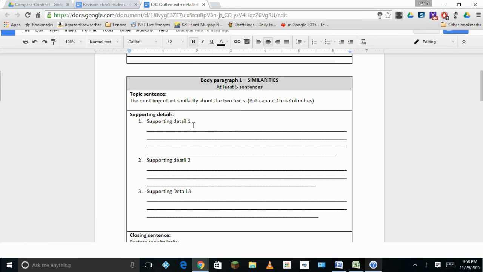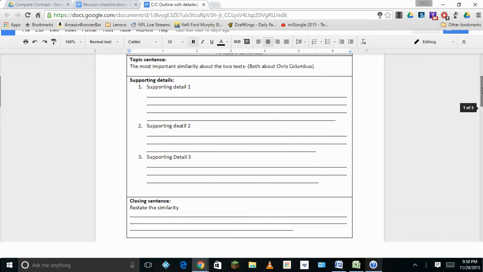Page numbers are good. In Encounter, there are no page numbers, so we told the kids to just count. But in the student textbook, there are specific pages you can use. And so you can see that we have 3 of those that we need. So there's got to be 3 clear details. That gets you 4 sentences. And then your final sentence of that paragraph would simply be to restate what the similarity was between the two.